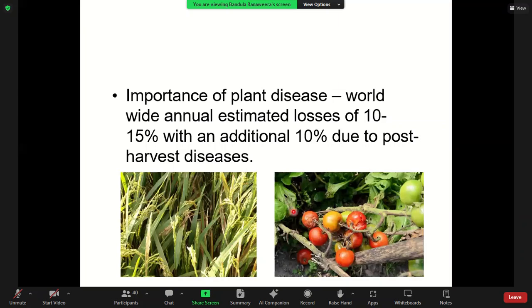Here the fruits are also damaged in these tomato plants. So why can we say that due to these diseases, in tomato plants like this or in rice plant, the yield will be lost?